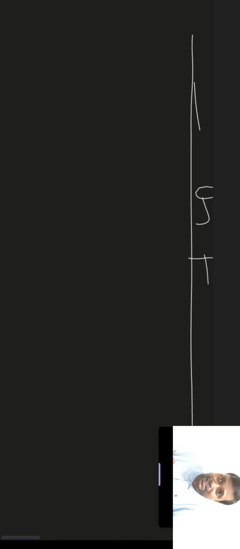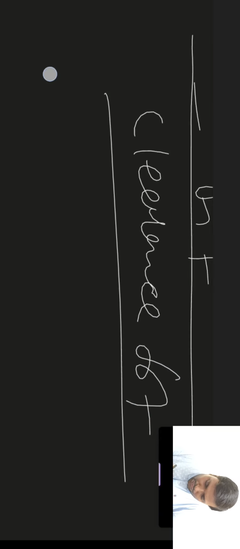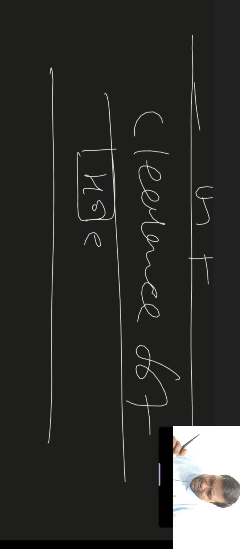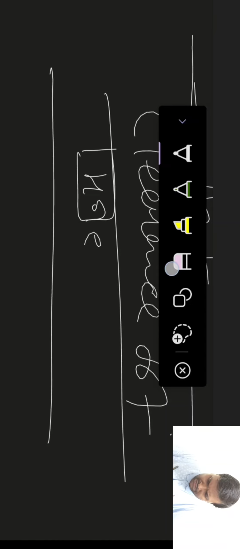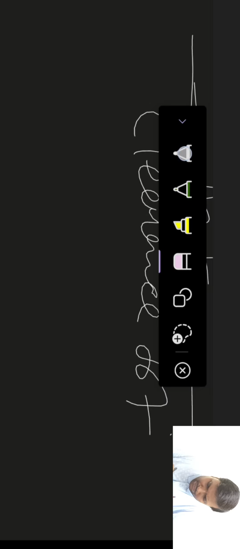So let's represent this clearance fit and interference fit. So this is the clearance fit. Let this be our hole, and this the shaft. Don't show the zero line, we actually get confused by drawing it, so I am deleting this.